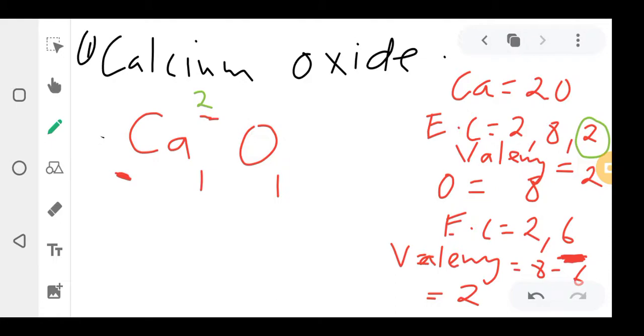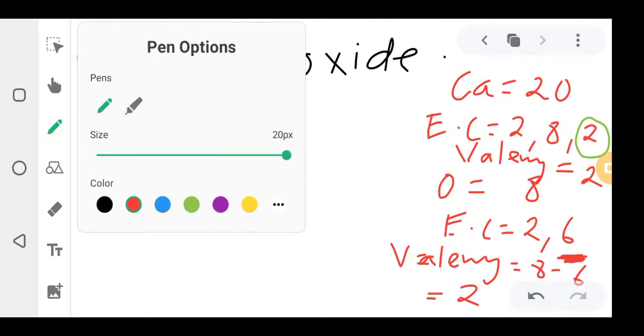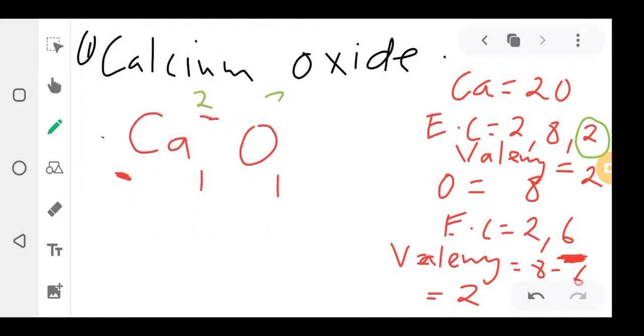So the valence of oxygen is also 2, because the EC is 2,6, but you cannot write 6 here because 6 is above 4. So you subtract from 8 to get the valence.